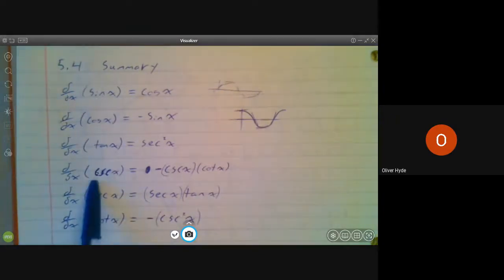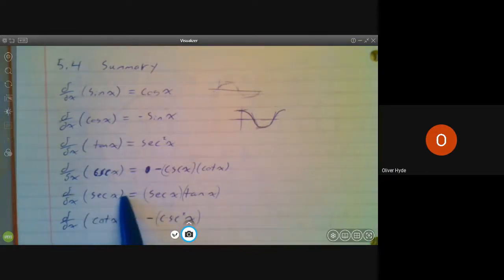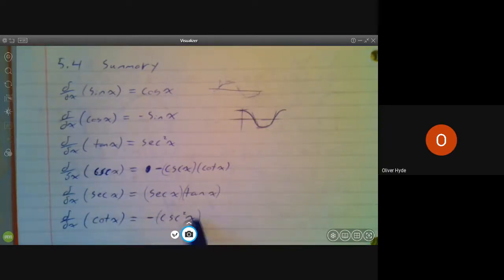It's a cofunction, so it begins with the negative. The derivative of the secant of x has a factor of the secant of x in it. The secant of x has a factor of the cosine of x in the denominator, so does the tangent of x. And the cotangent of x has a factor of the sine of x in the denominator, so does the cosecant of x. There are your two factors there.